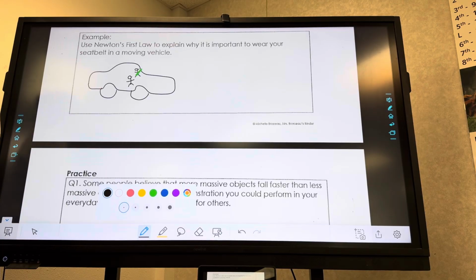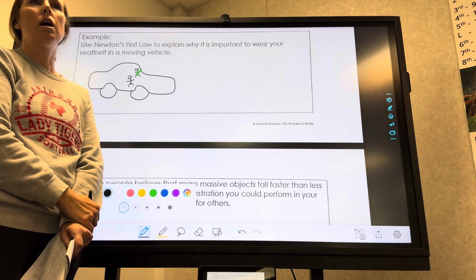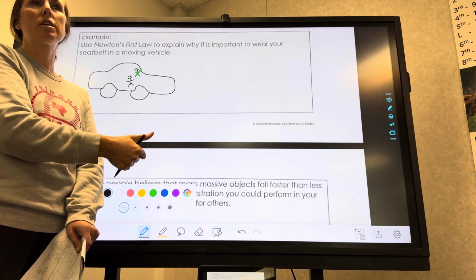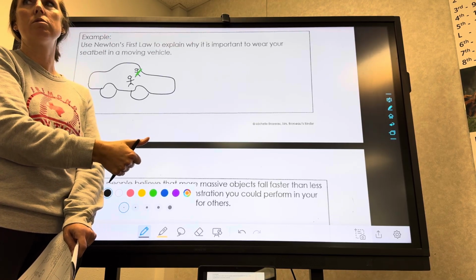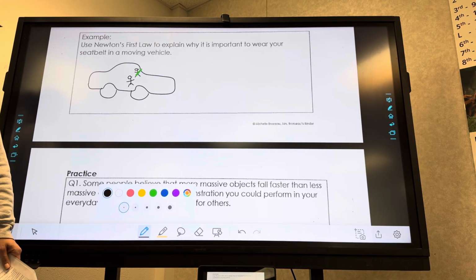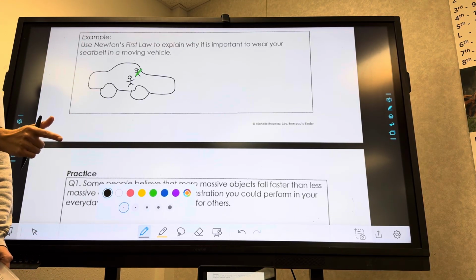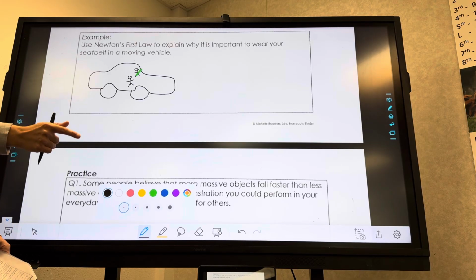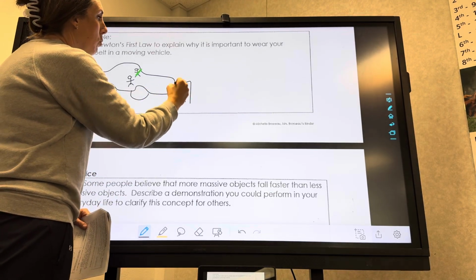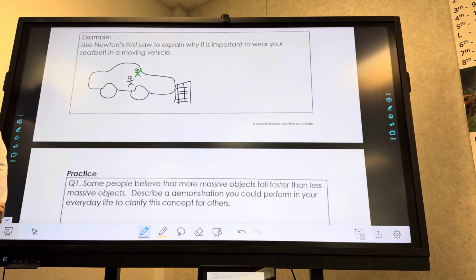Okay, so use Newton's first law to explain why it's important to wear your seatbelt. So Newton's first law of motion states, inertia, an object's tendency to resist change. And Newton's first law is basically the same thing, but an object will maintain its current state unless acted upon by an unbalanced force. So ready? We have some kind of blockade, maybe a brick wall. Okay, this car is stopped.